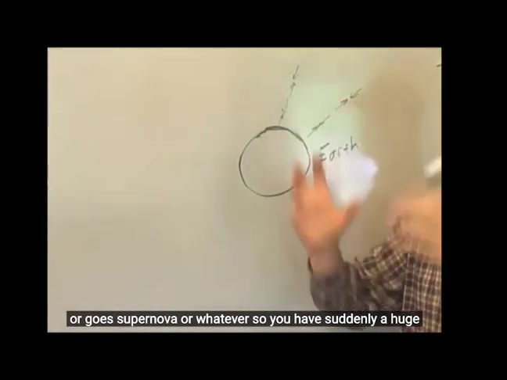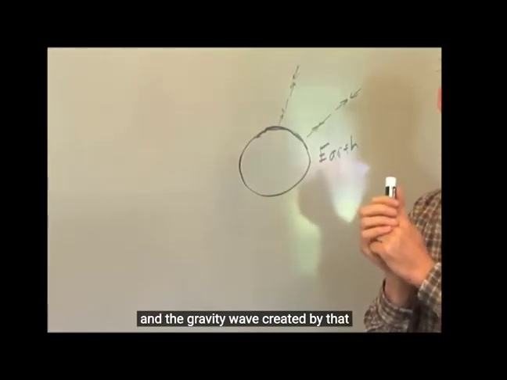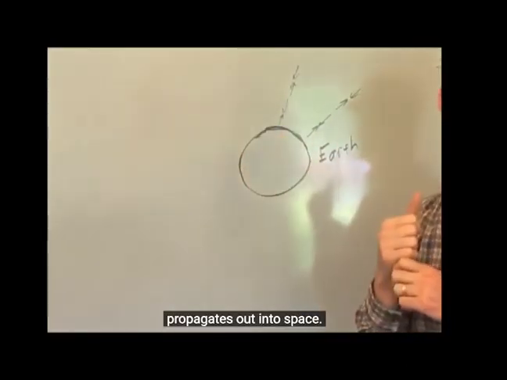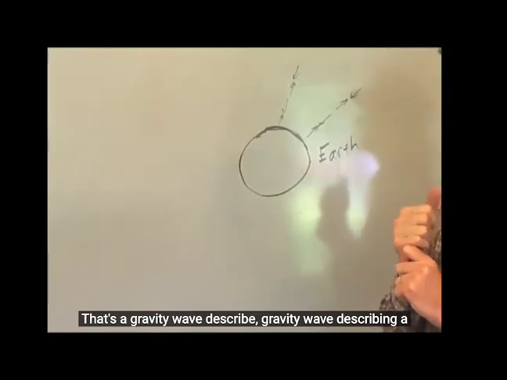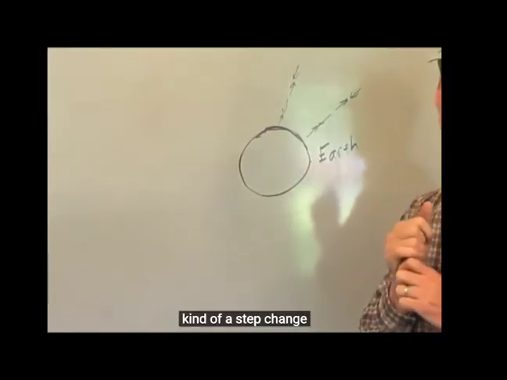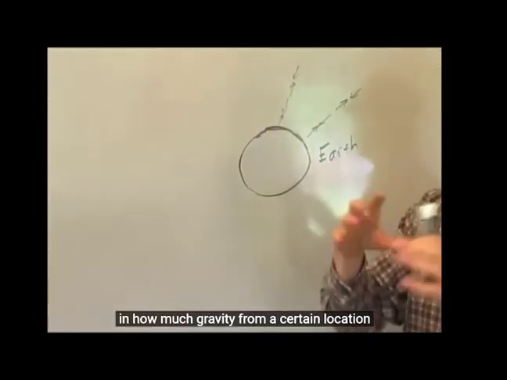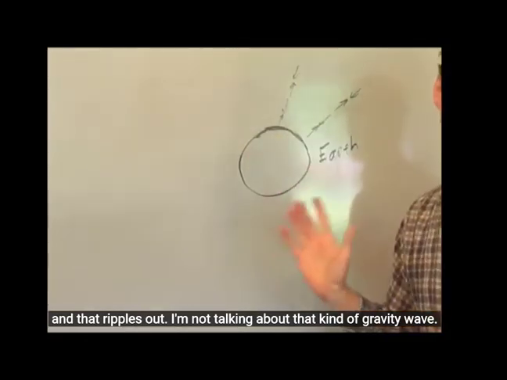So you have suddenly a huge change in the position of mass, and the gravity wave created by that propagates out in space. That's a gravity wave describing kind of a step change in how much gravity from a certain location, and that ripples out. I'm not talking about that kind of gravity wave.